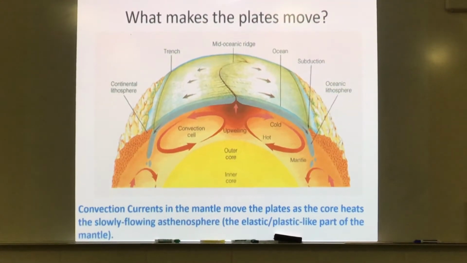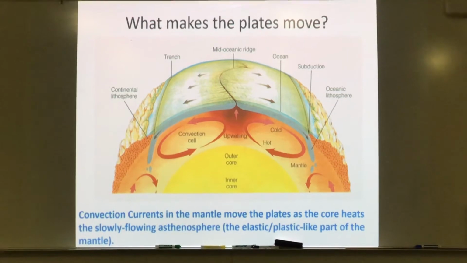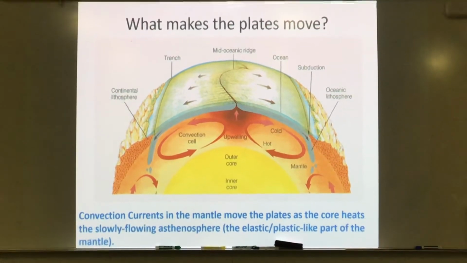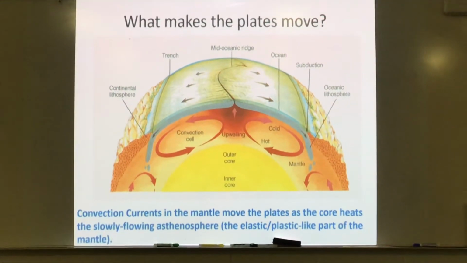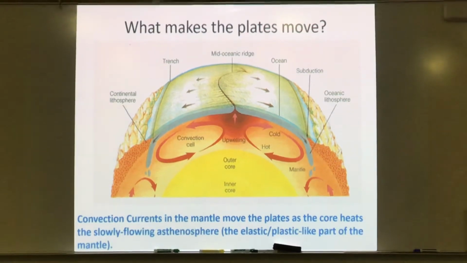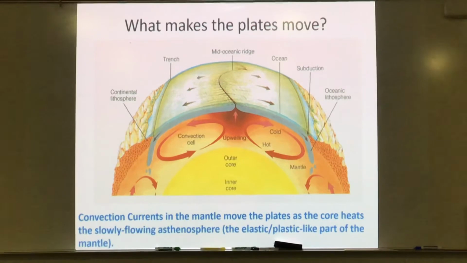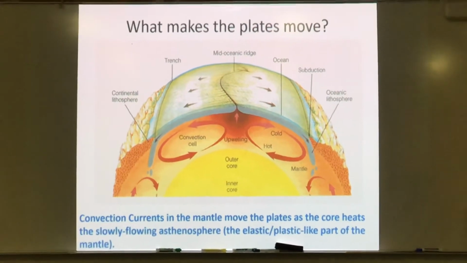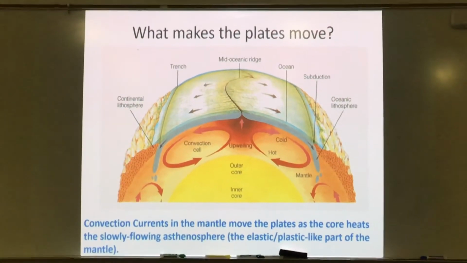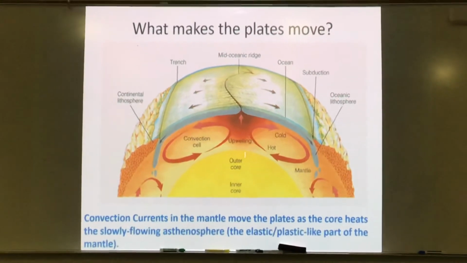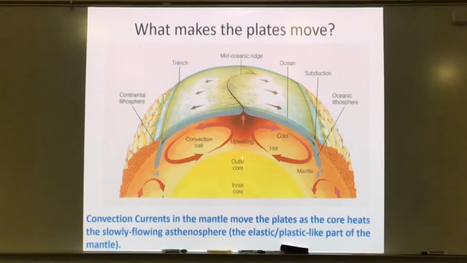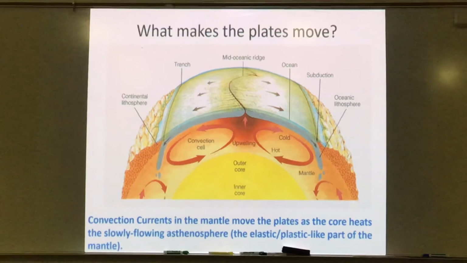Remember when we talked about the three methods of heat transfer: radiation, conduction, and convection? Describe how convection works. Down here is where we think the heat of the interior originates.